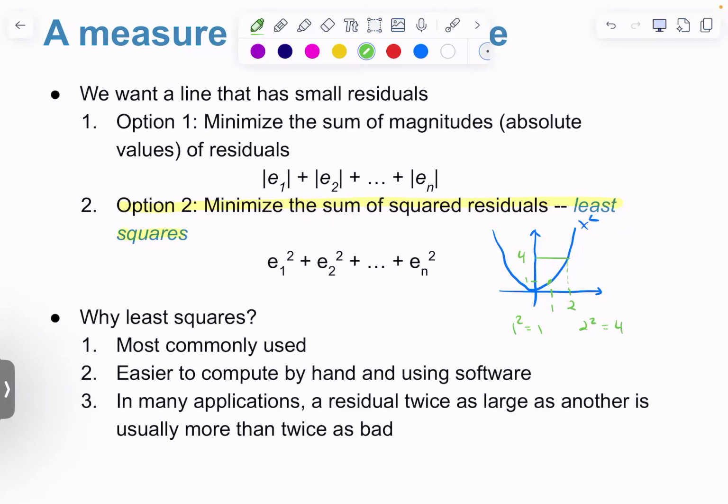So moving out a distance in the residuals of 1 unit, from 0 to 1, I get a squared residual of 1. But from 1 to 2, now all of a sudden it balloons, and I now have a squared residual of 4. Okay? And so what it does is it kind of amplifies these large distances.